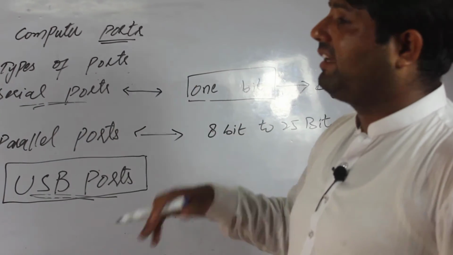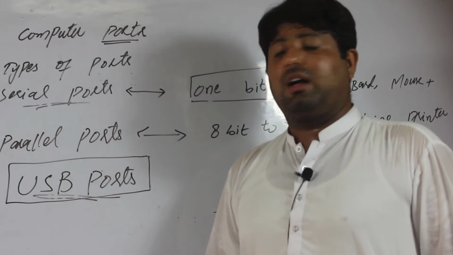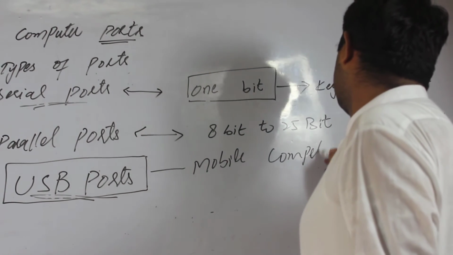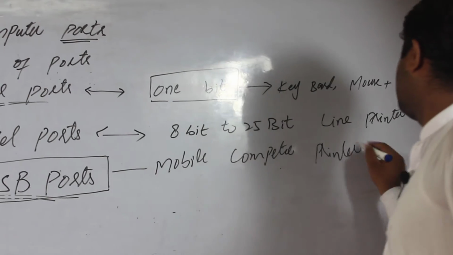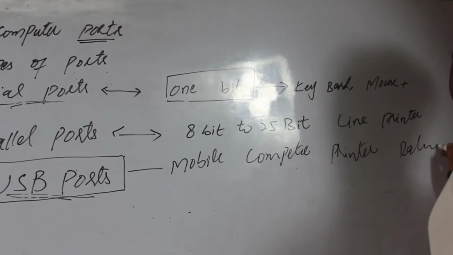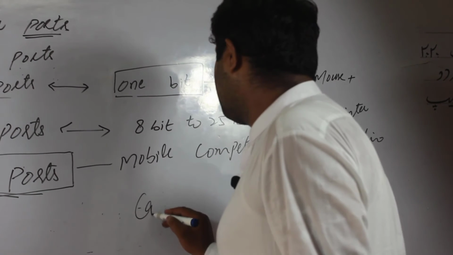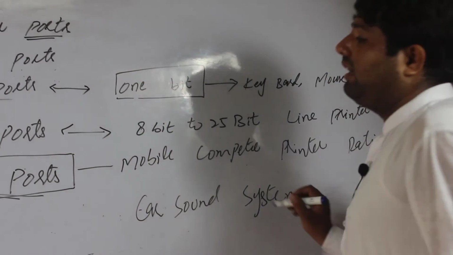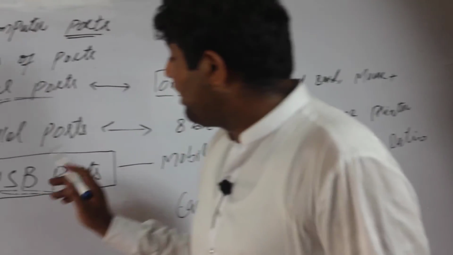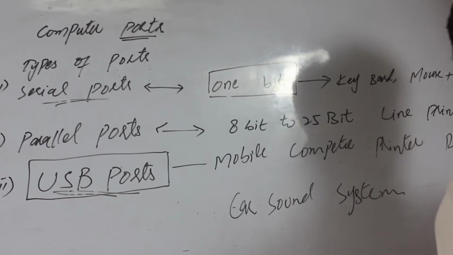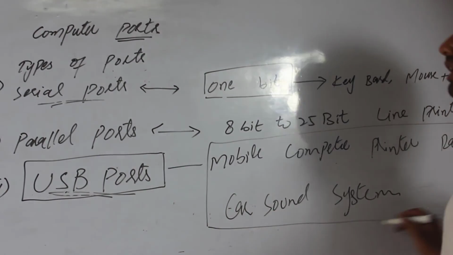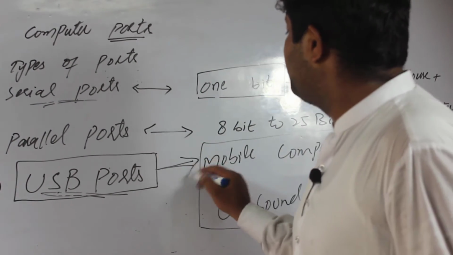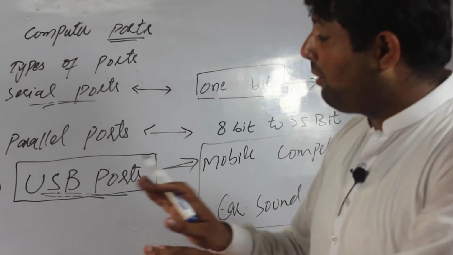Nowadays we use it in every system: in mobile, computer, printer, radio, car sound system, and the USB port is used in the modern age. It is a very common port, available in every shop and every system. It is simple.